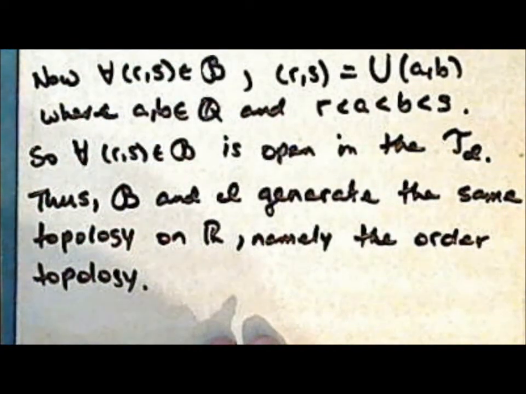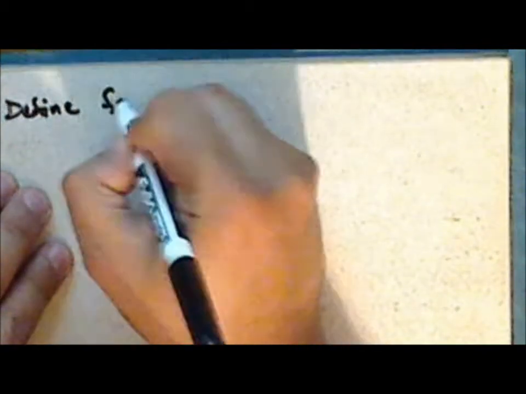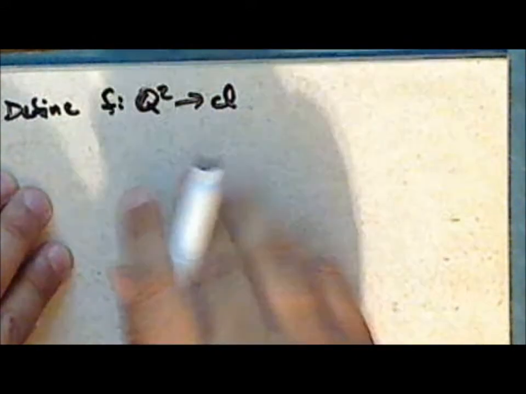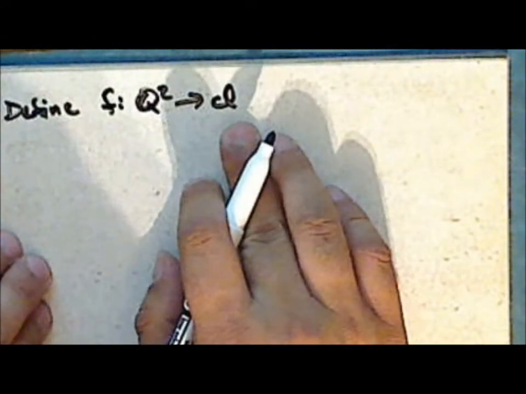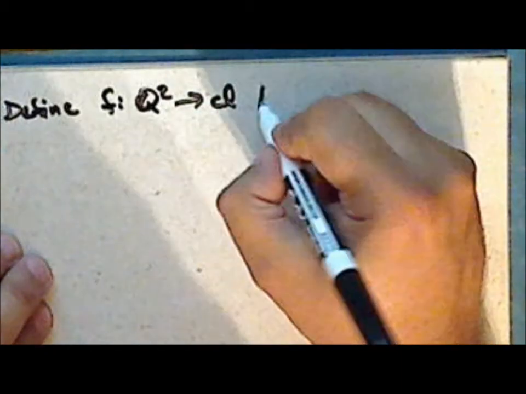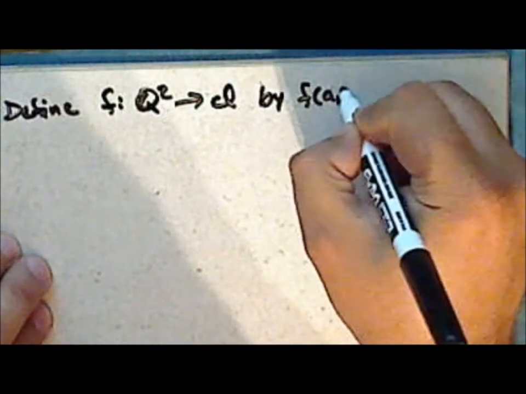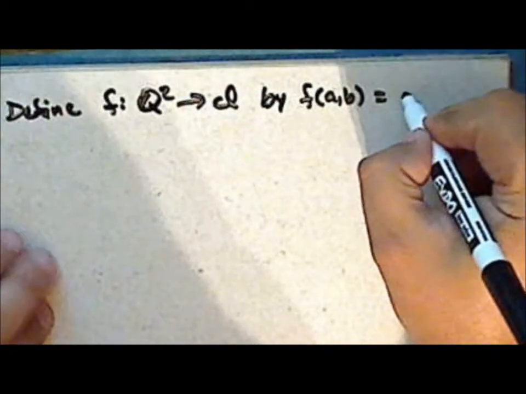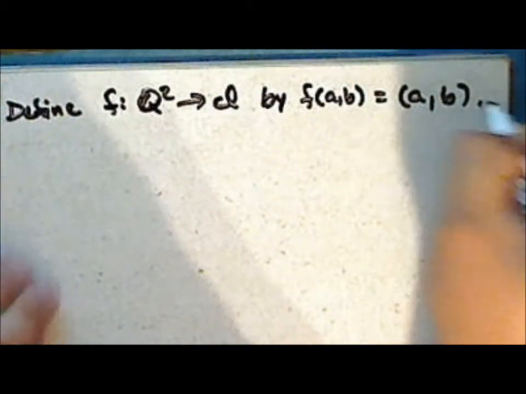Okay, so so far we've demonstrated that the collection script I is a basis for the order topology on the real line. We now need to show that this basis is a countable one. So define a function f mapping ordered pairs of rational numbers into the set of all open intervals having as its endpoints rational numbers by f of the ordered pair ab generates the open interval from a to b.